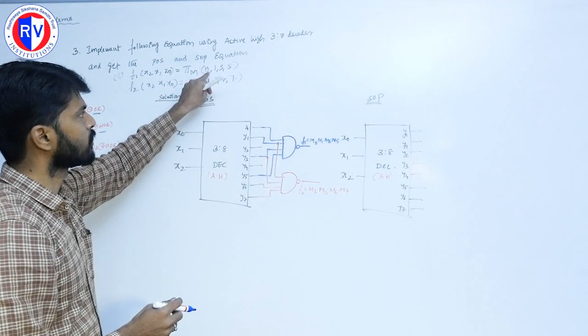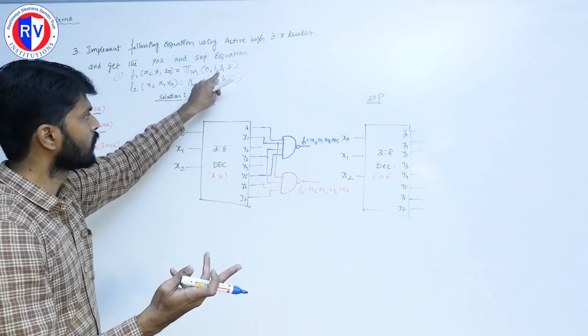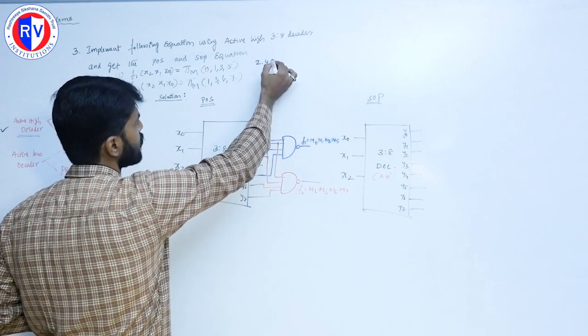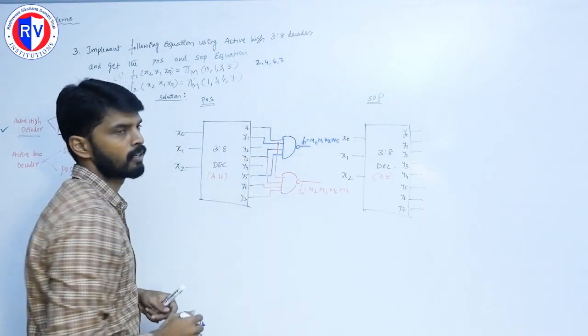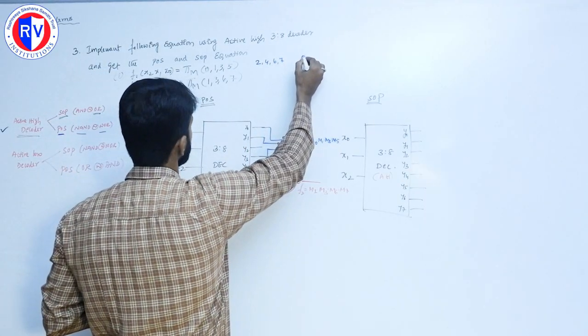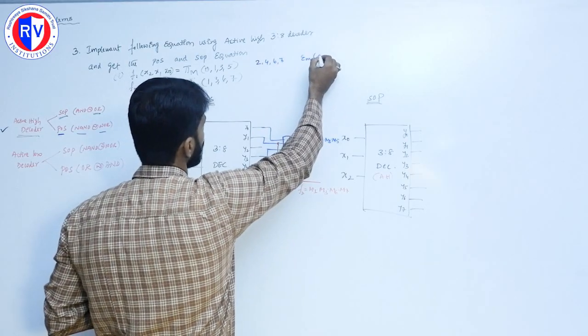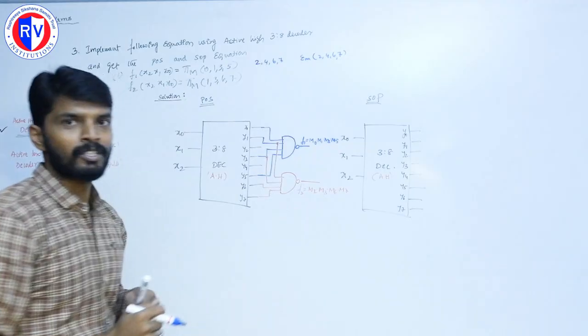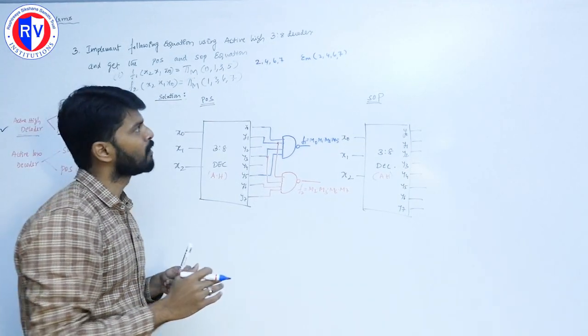So 0 is there, 1 is there, 2 is not there, 4 not there, 5 is there, 6 not there, 7 not there. So for the first POS equation, that is summation of m containing 2, 4, 6, 7. The terms which are not present all come under the SOP.